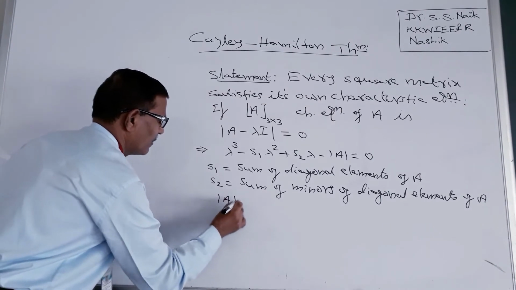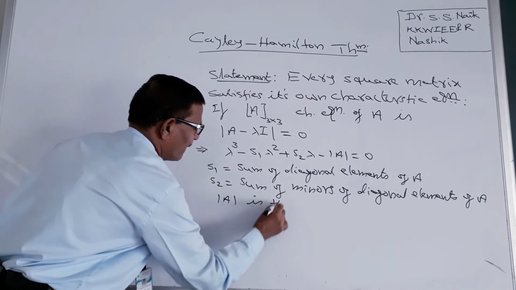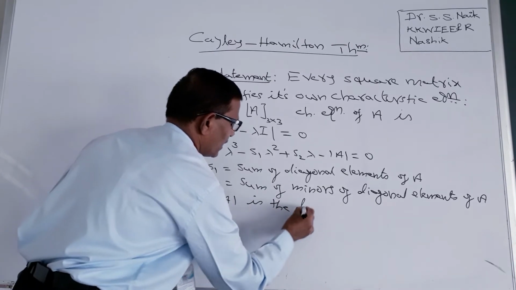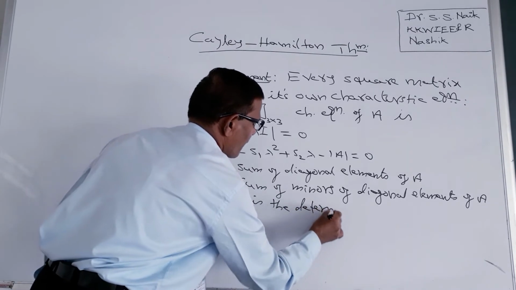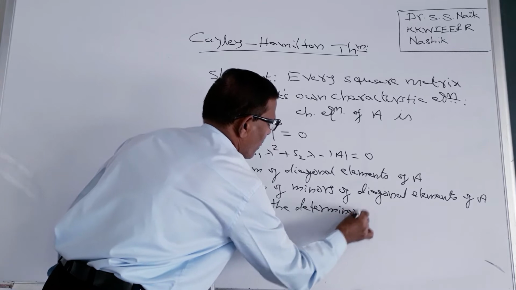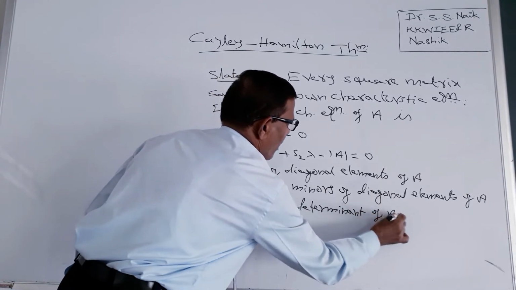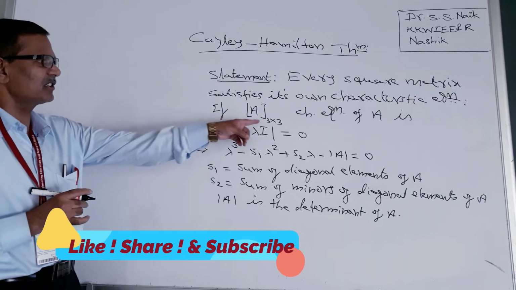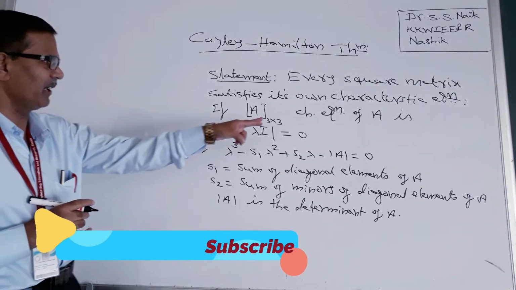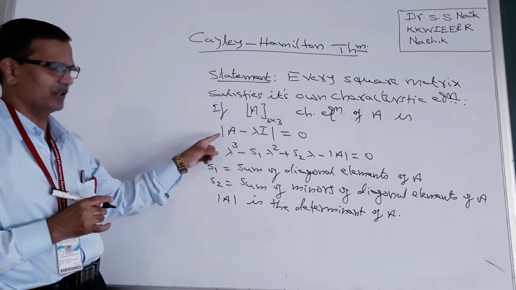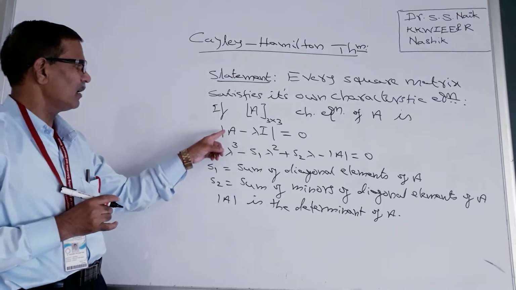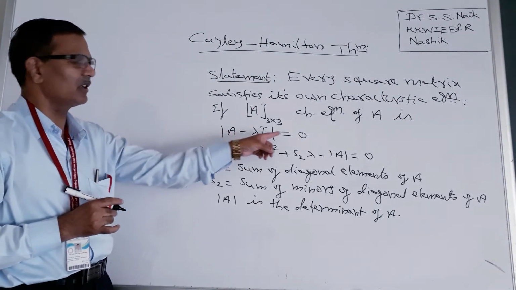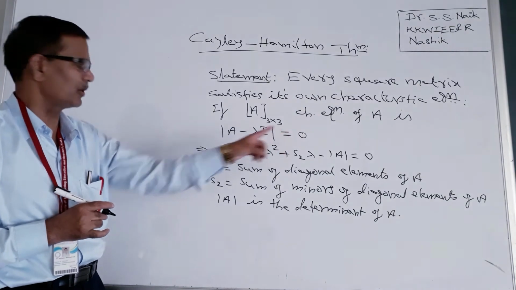So if A is a 3 by 3 matrix, then its characteristic equation is given by determinant of A minus lambda I is equal to 0.